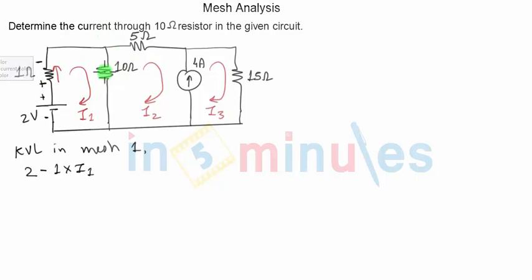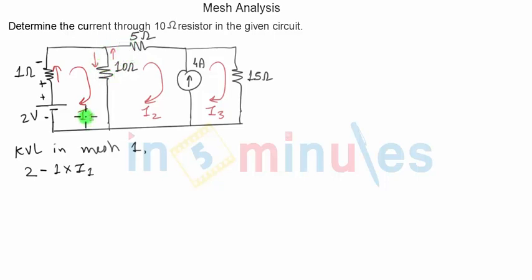Okay, next comes the 10 ohm resistance. Now if you observe, we have already written KVL equations like this in the previous problems. The first current flowing through the 10 ohm resistance is I1 in the downward direction, and the second current flowing through the 10 ohm resistance is I2 in the upward direction. Whenever there are 2 currents flowing through a resistor in opposite directions, the equivalent current, the overall current through the resistance, is always the difference between them.